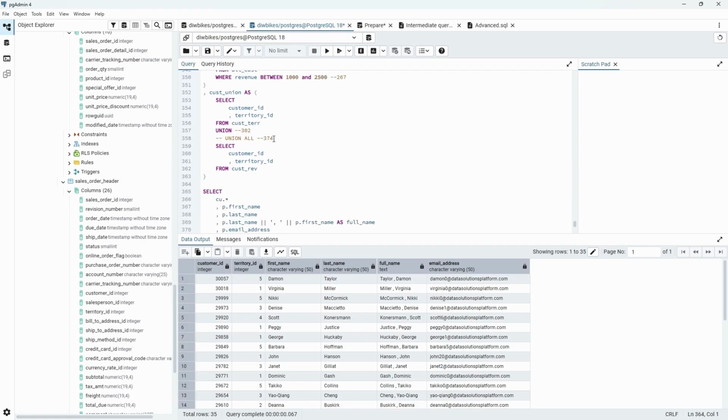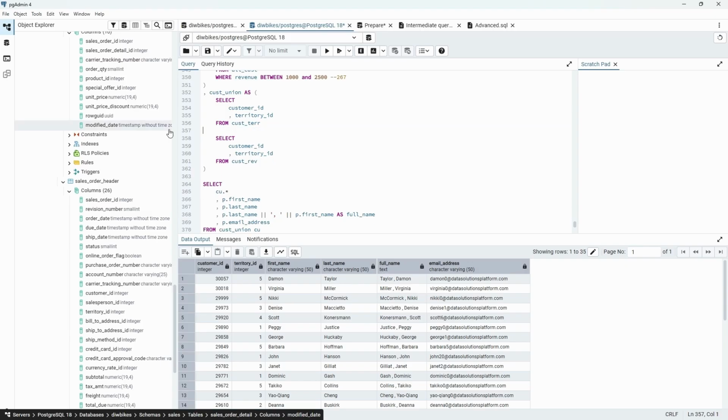Here we were discussing union and union all, and we understand that concept now. So now let's first of all talk about except. What do we mean by except? Except compares two queries and returns rows that appear in the first query but not in the second query.